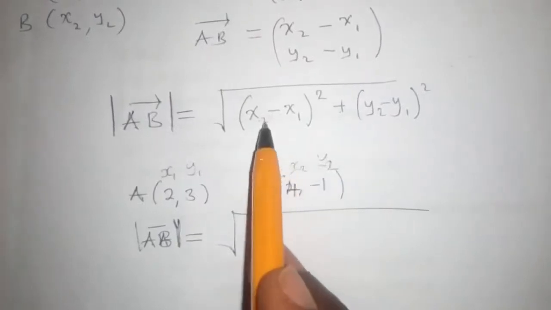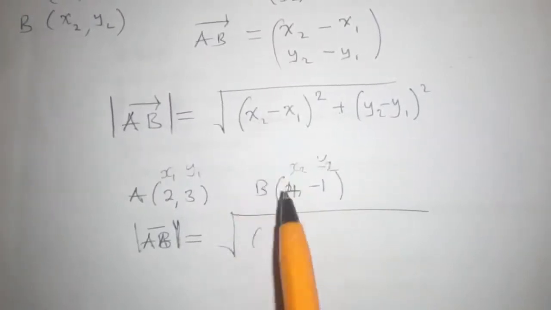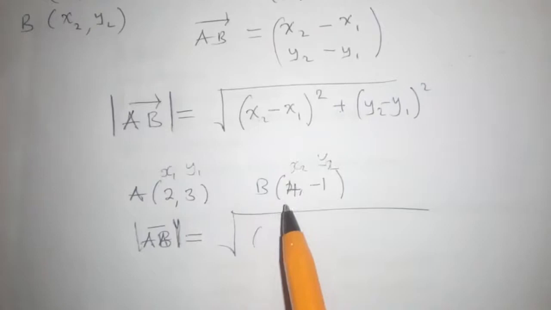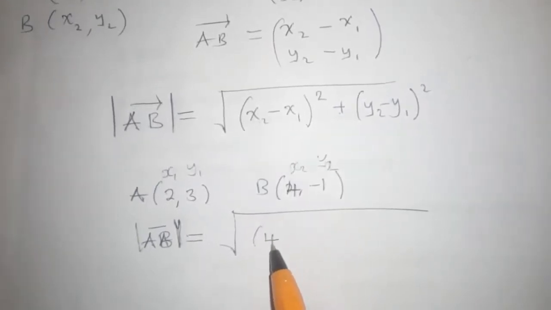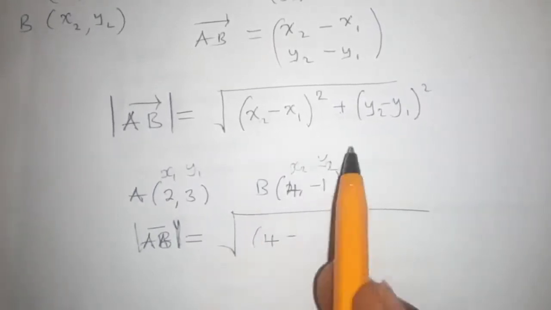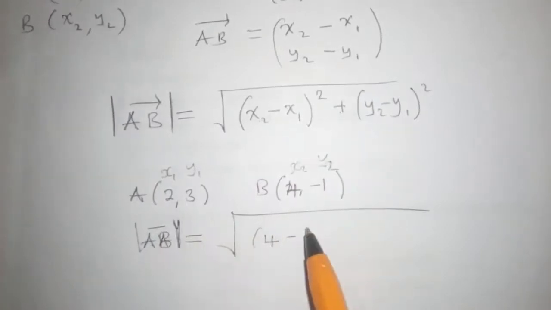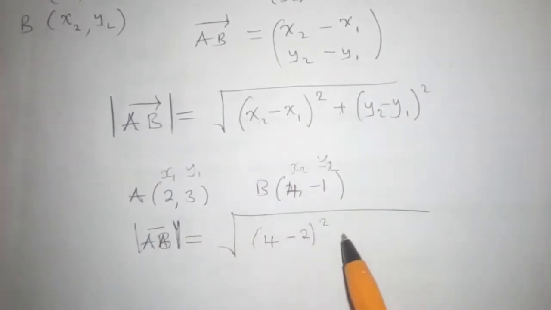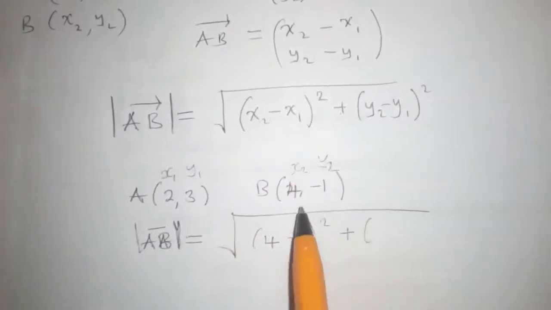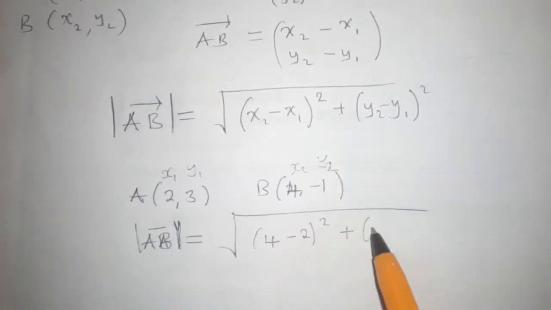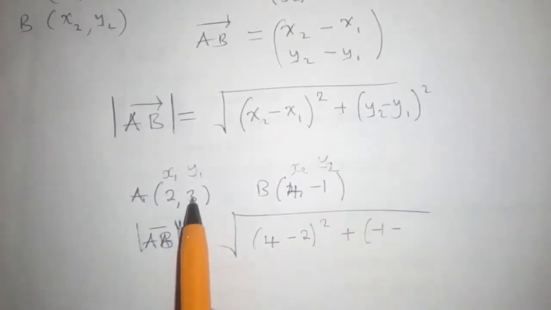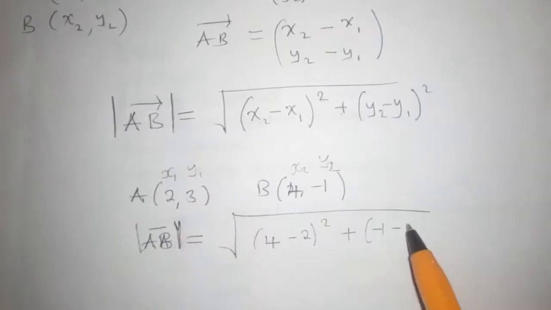So now I check. The formula here is telling me to put x sub 2. Where is my x sub 2? It is 4. So 4 minus x sub 1. What is my x sub 1? It is 2. Then power here plus y sub 2, which is -1, minus y sub 1, which is 3, and the power here.